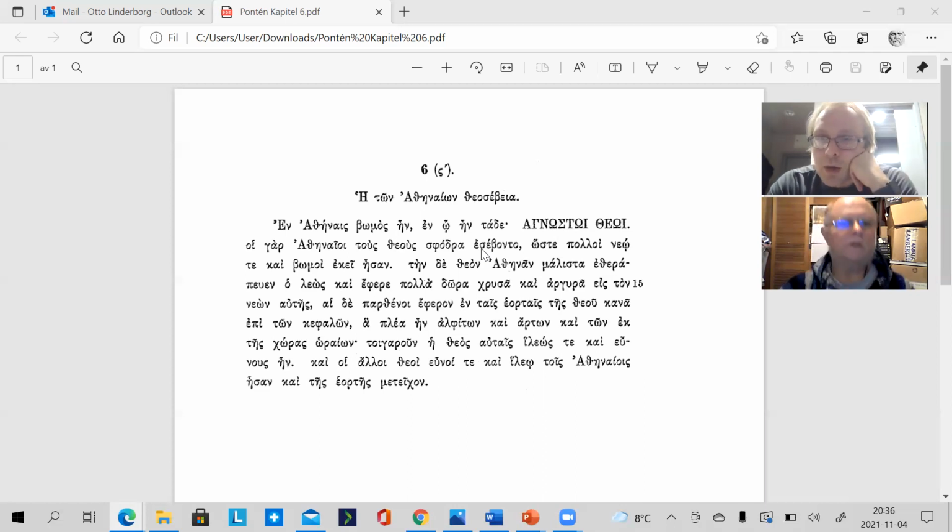Exactly. But in this case, since the imperfect is the only past tense that we had so far, probably the most natural way of translating many of these imperfects would still be with a simple past English equivalent. But it's up to you. Because if you take it literally, it would be for the Athenians were greatly worshipping the gods. Yeah. Or revering the gods. Exactly.